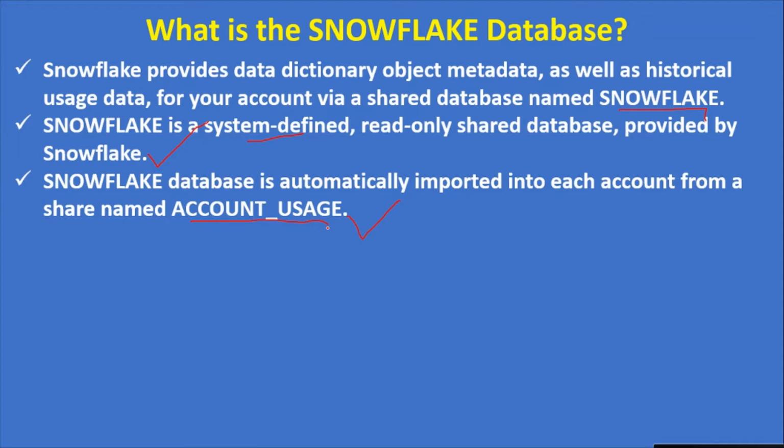As you know, in Snowflake we have a feature called shared objects. By using that, you can share your data with anybody outside the organization or within the organization. In a similar way, Snowflake also shares data by using the account usage shared object.